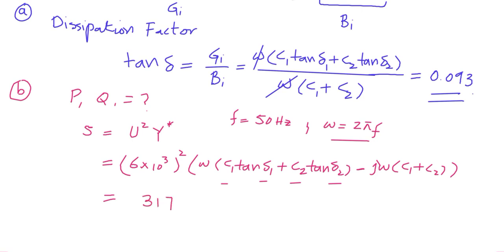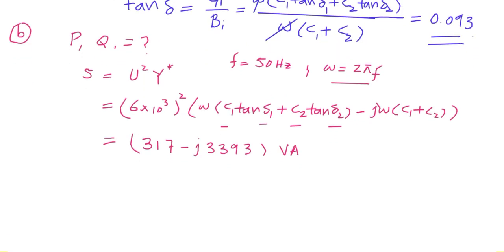After putting all the values, we will get the answer as 317 minus j 3393. The units will be volt-amperes.